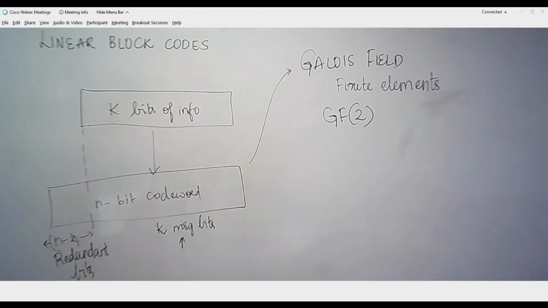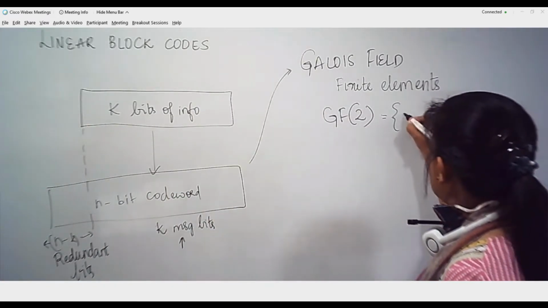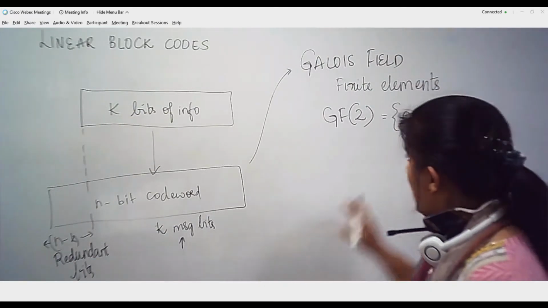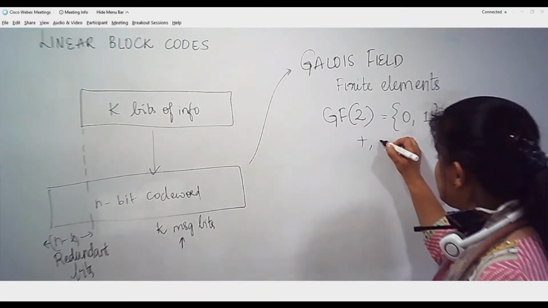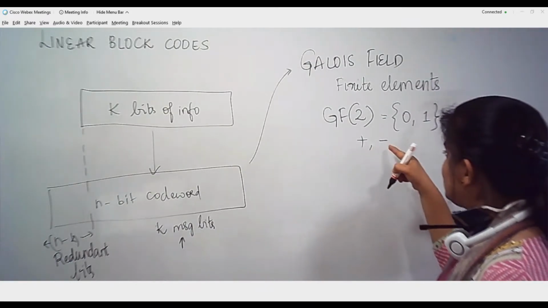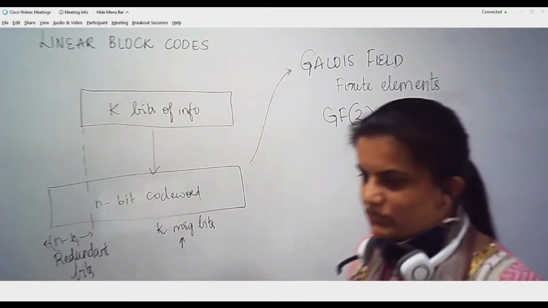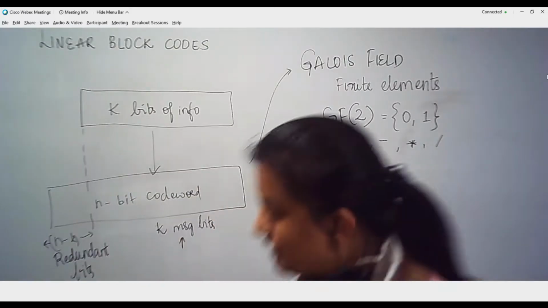When P is equal to 2, this is a binary field, consisting of only two elements, 0 and 1. Upon these we are going to operate all the mathematical operations like plus, minus, multiplication and division. So we are going to do all the binary operations on the same two elements.